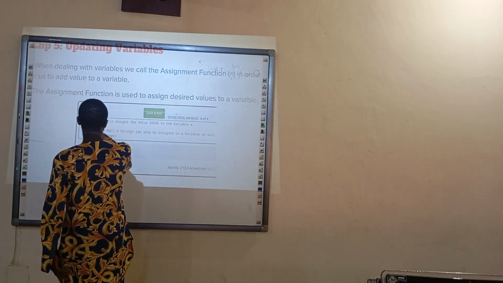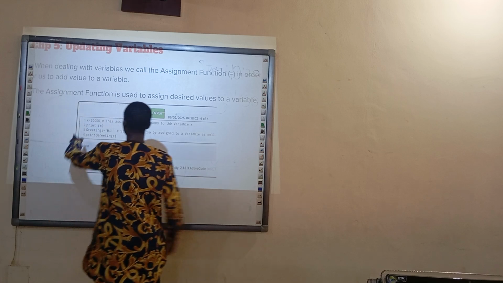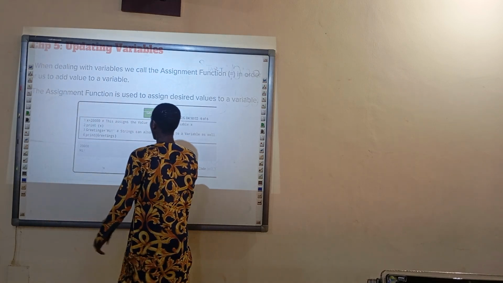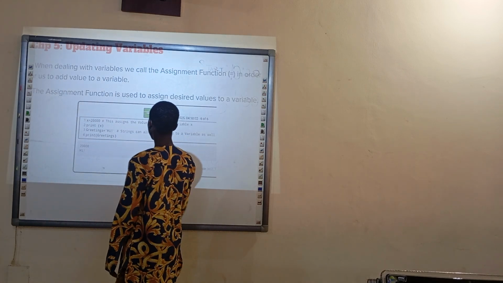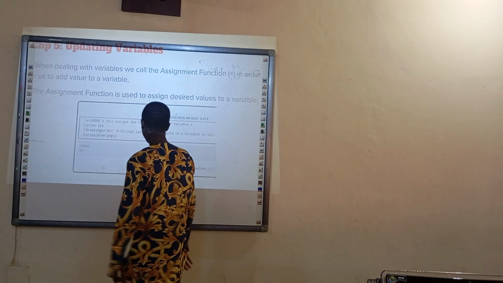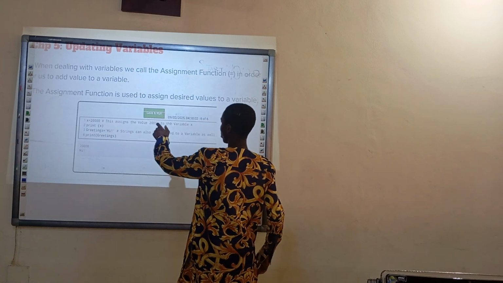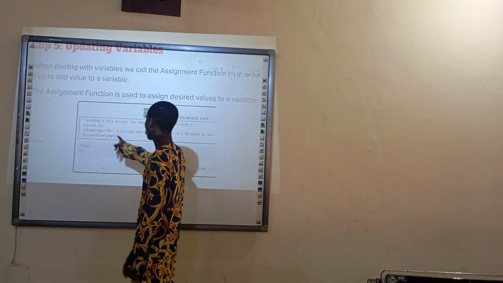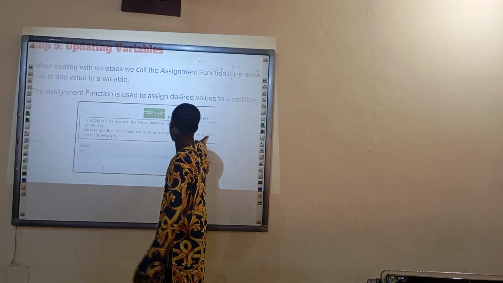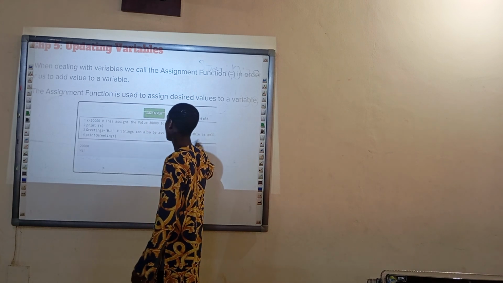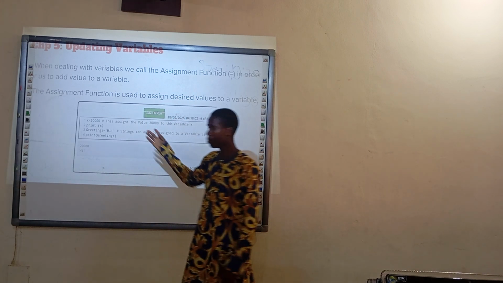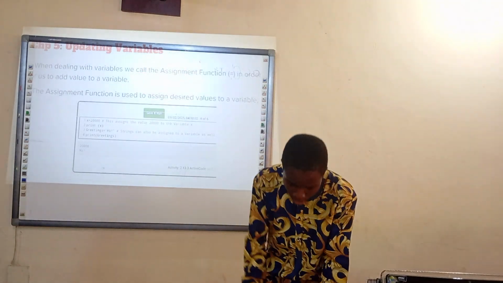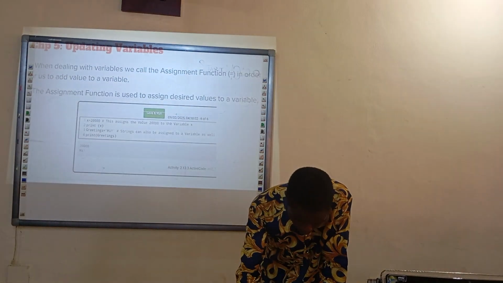You can see here, this 2000 we assign to a variable x, we use the equal to sign to assign that value to x. Strings can also be assigned to a variable as well. This is what this part is talking about, using the assignment operator, which is equal to.